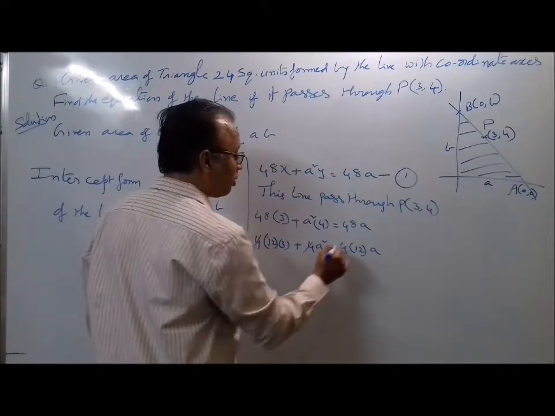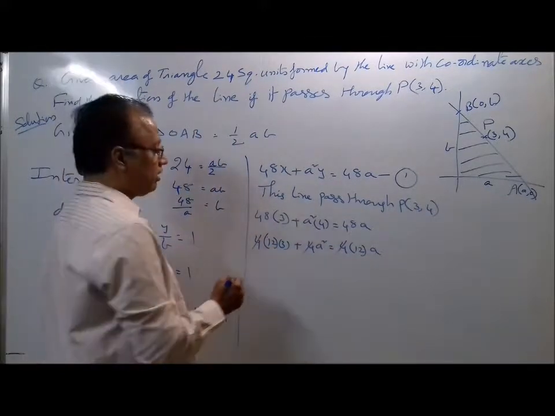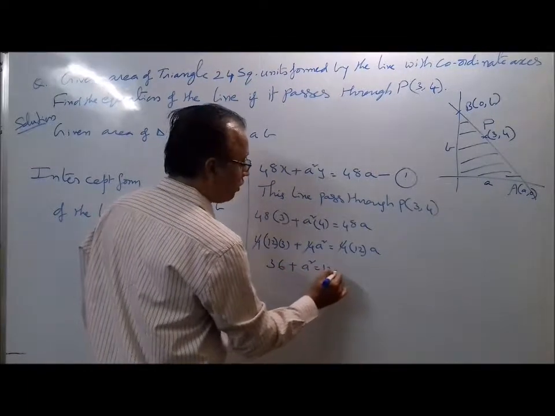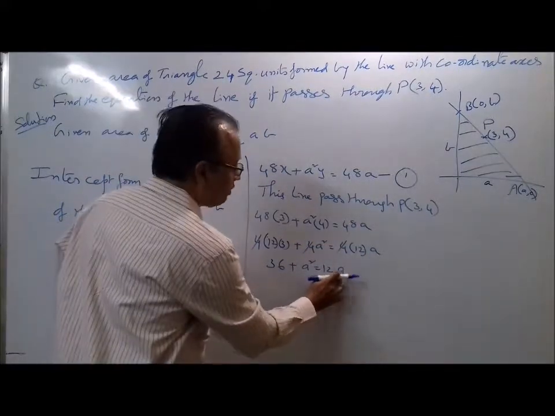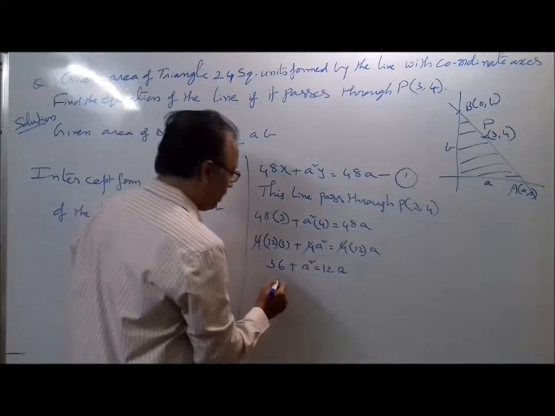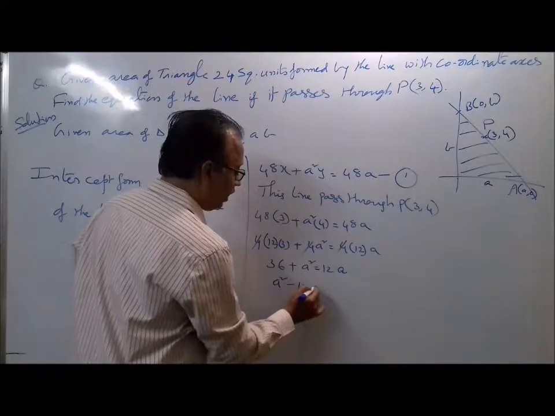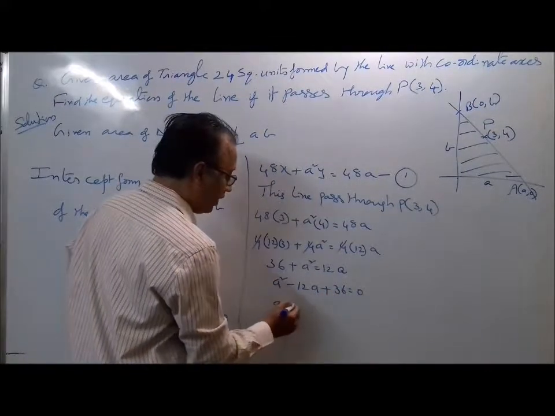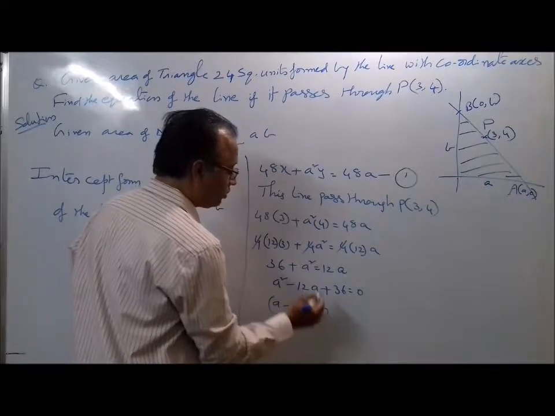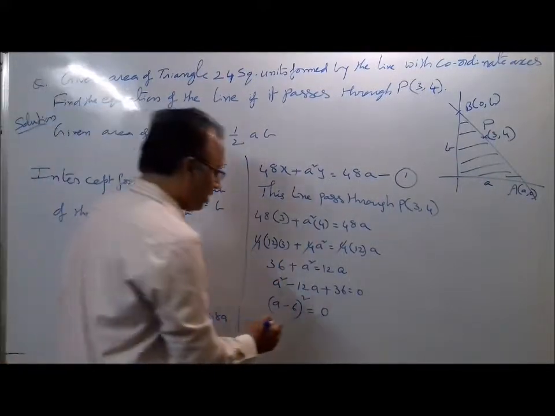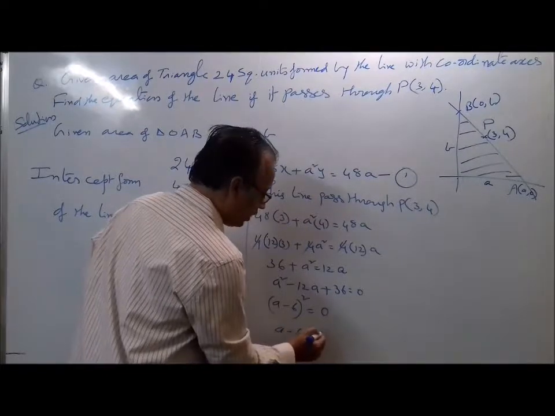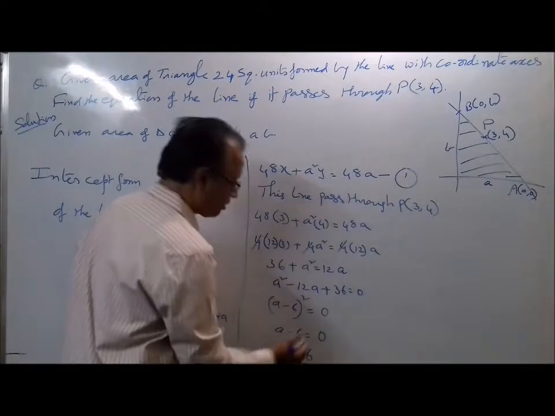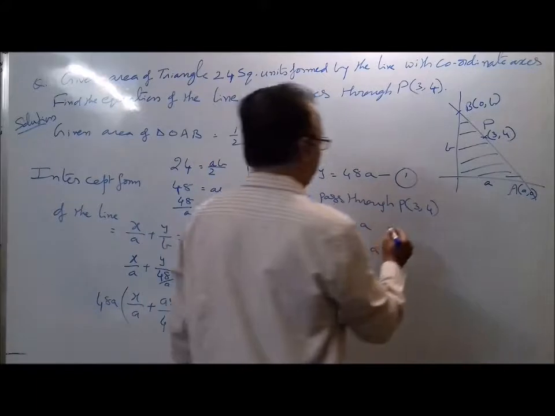So 4, 4, 4 will be cancelled. What is left over? 36 plus A square is equal to 12A, that is A square minus 12A plus 36 equal to 0. This is nothing but (A minus 6) whole square equal to 0. So A minus 6 is also 0 only. So what is A? 6.